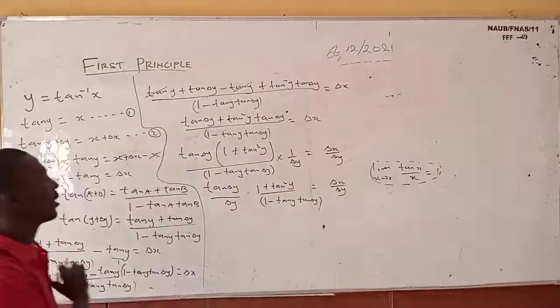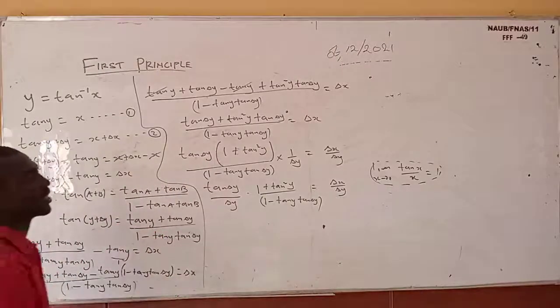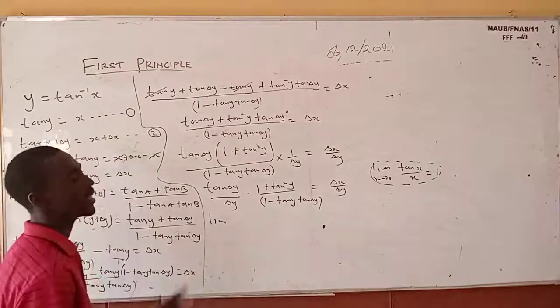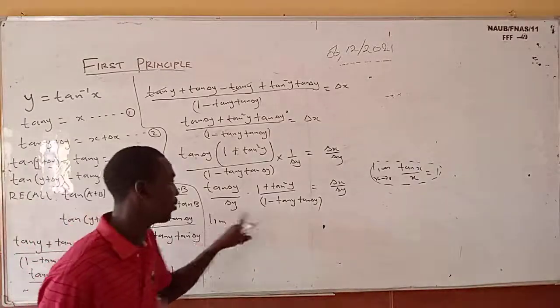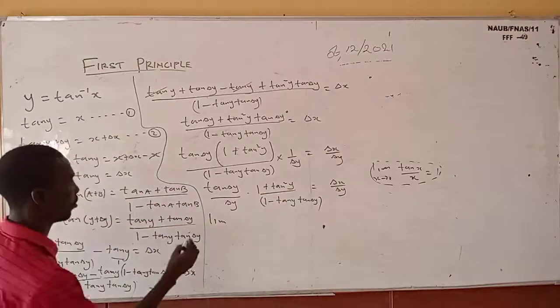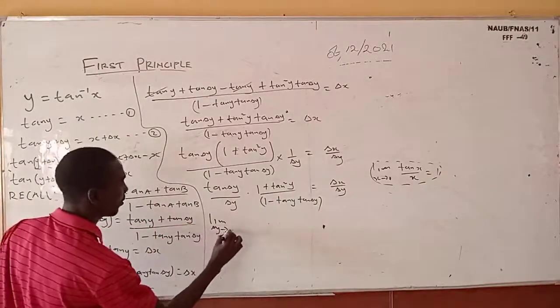So now, the next step is to take the limit. Let me take the limit. When I'm taking the limit, I'm taking it as change in y approaching 0.